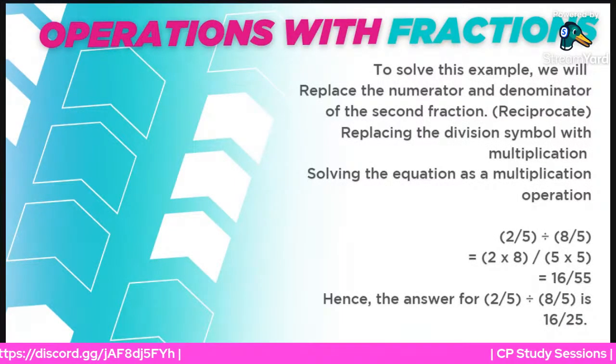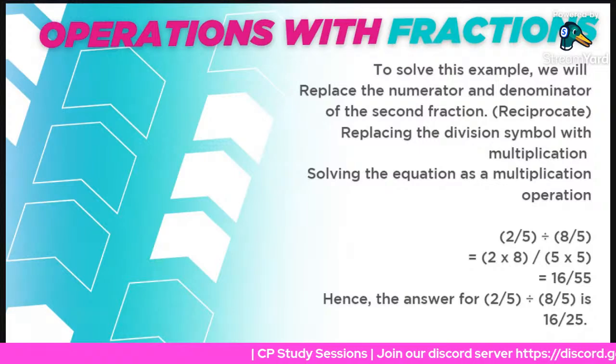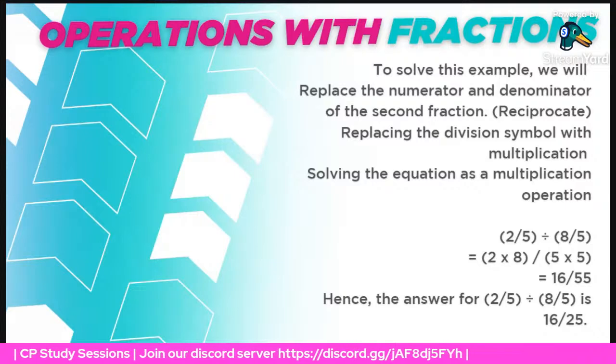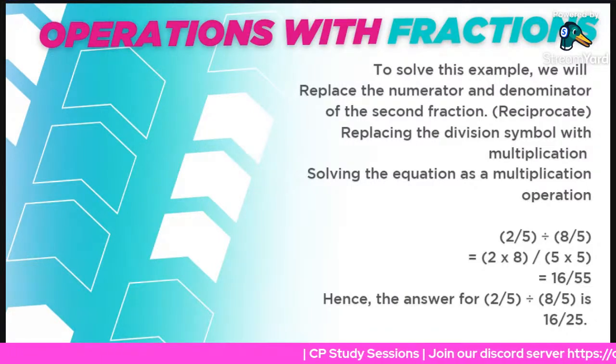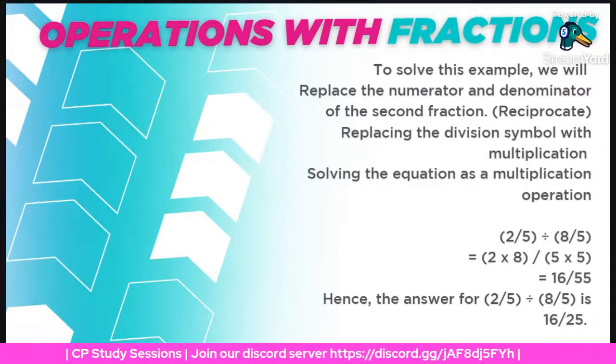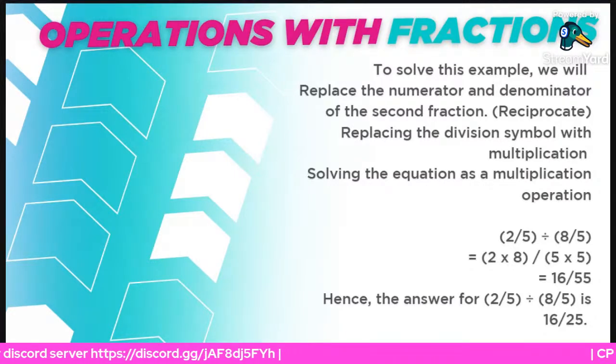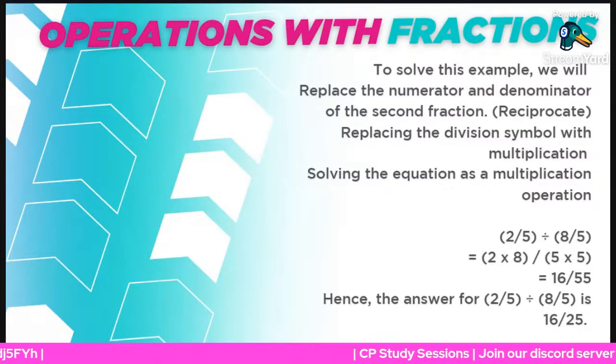To solve this example, we'll replace the numerator and denominator of the second fraction. So, ibig sabihin lang nun is i-reciprocate natin. Replacing the division symbol with multiplication, solving the equation as a multiplication operation. So, ang mangyayari is, paano? You will multiply 2 times 8 over 5 times 5.